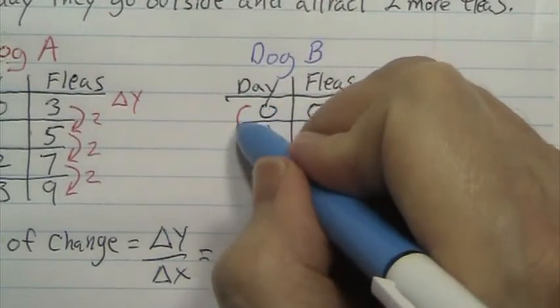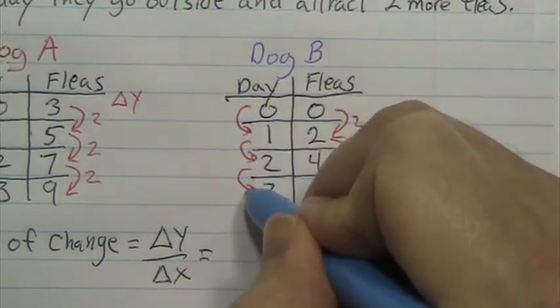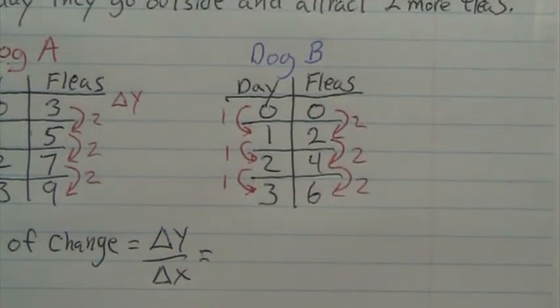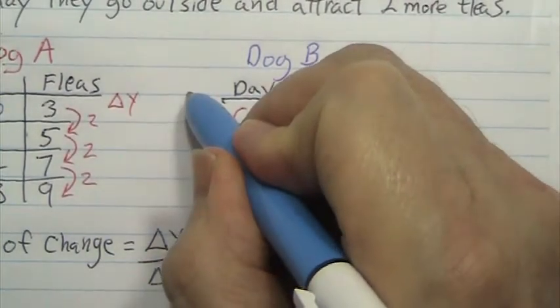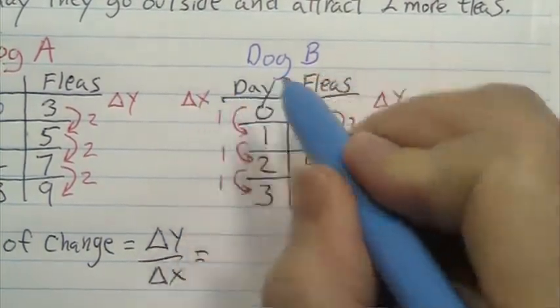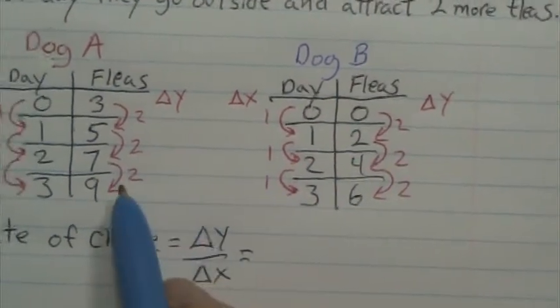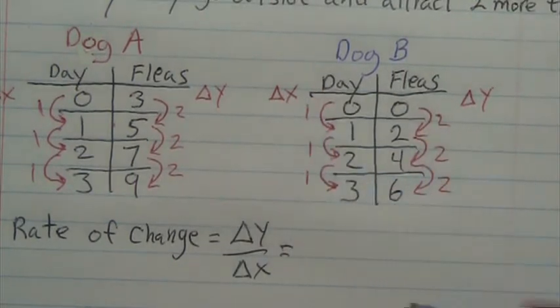Same thing here. Now go from here. Yeah, it looks like it's changing by 1. We'll just write this down for future reference. But notice it's changing by 1. And this is the change of y, and this is the change of x. So you notice they're both the same, aren't they? It changes by 2 over 1.